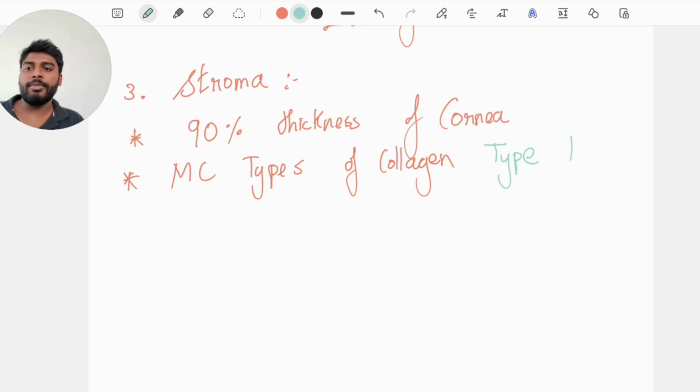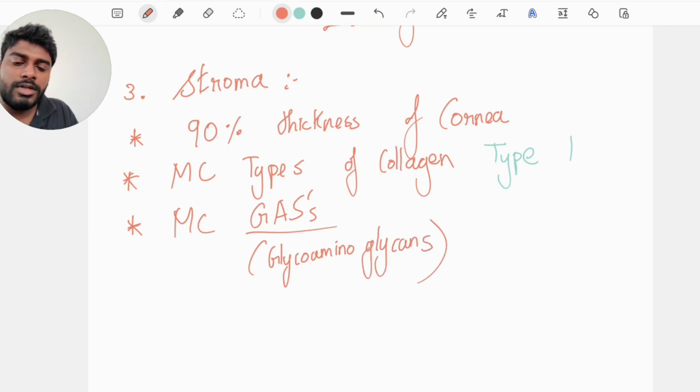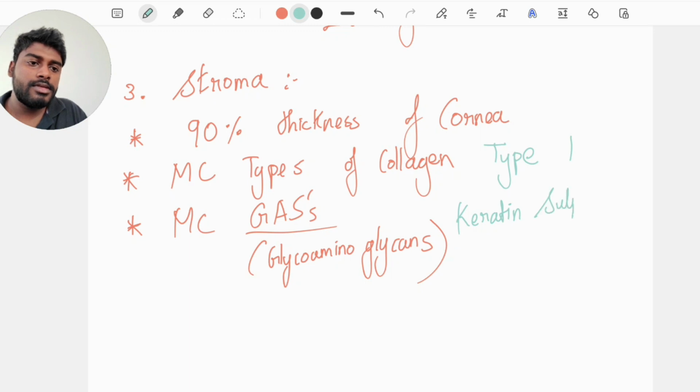Between the collagen fibers and fibrils, we have a brown colored substance called GAGs, which are glycosaminoglycans. The most common type of GAG is keratan sulfate.